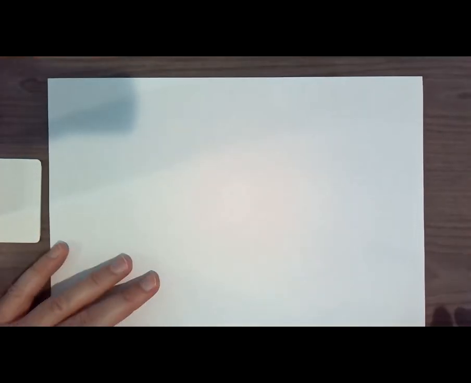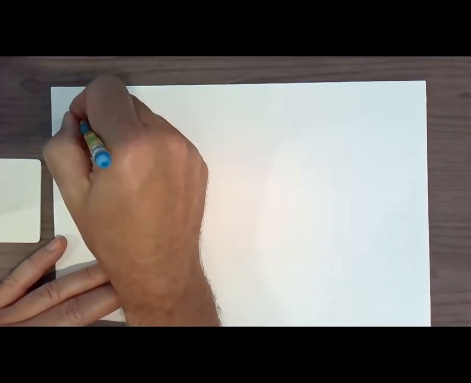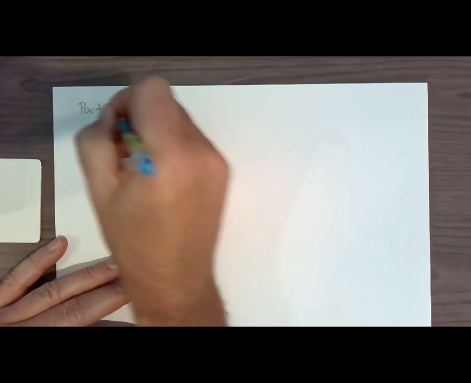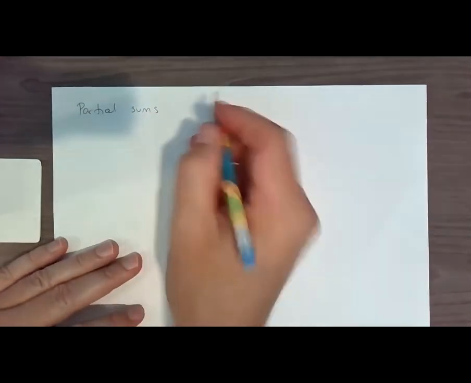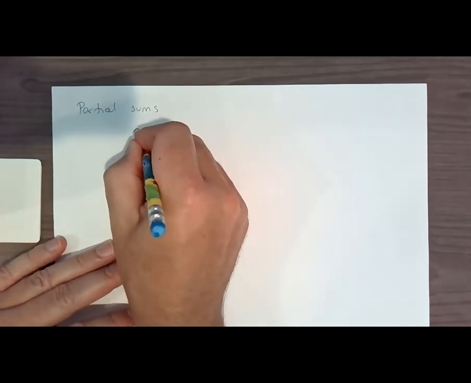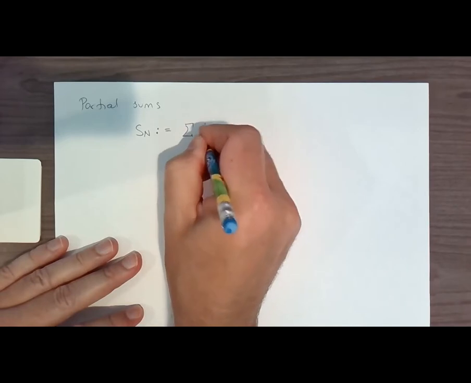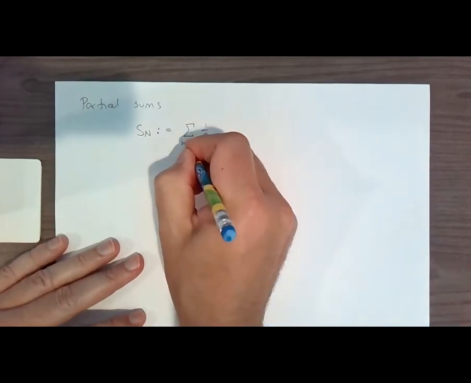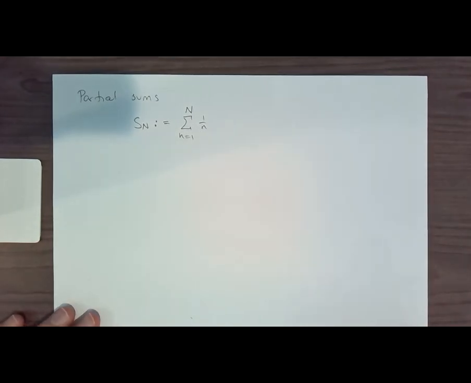So the next thing we wanted to do was to consider the series, so the partial sums. The partial sums for this particular example would be Sn. This would be the sum over the first capital N elements.